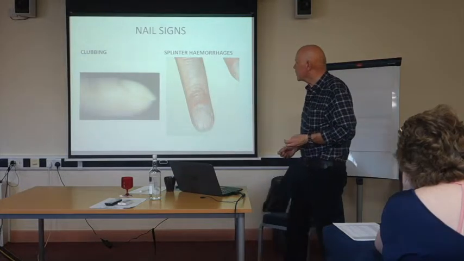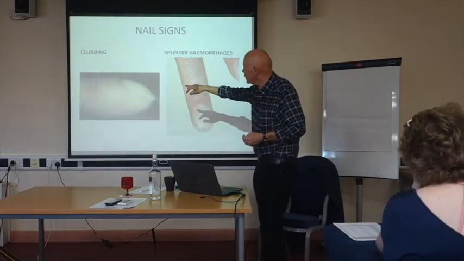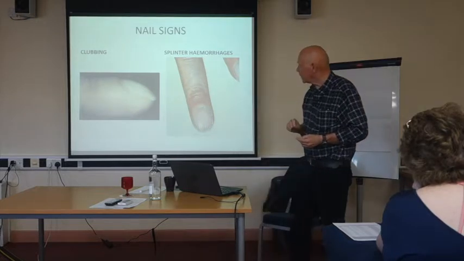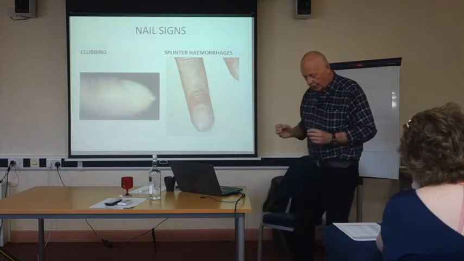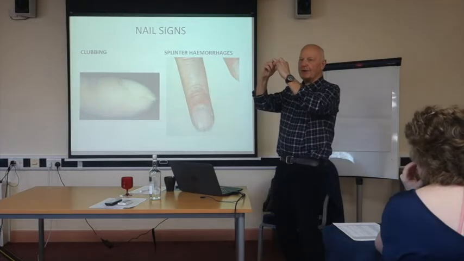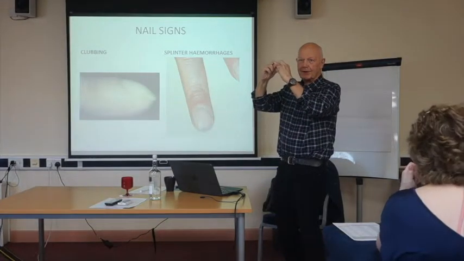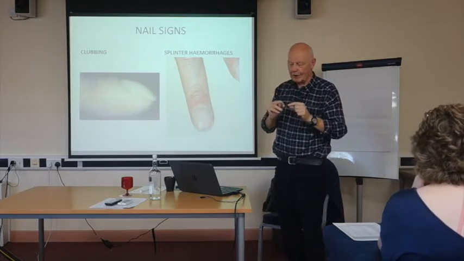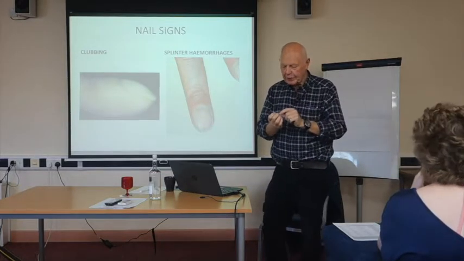Clubbing, that's a late stage of clubbing of the nail. You'll probably remember in your training doing this sort of thing, holding your fingers up to the light and seeing the little diamond of light. What you've got there, again, feel your own nail.